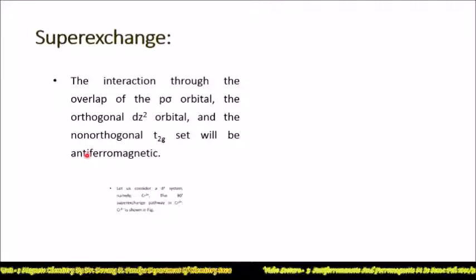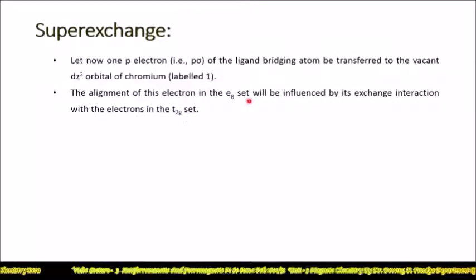Now let one p sigma electron of the ligand bridging atom be transferred to the vacant dz² orbital of chromium labeled 1. The alignment of this electron in the eg set will be influenced by its exchange interaction with the electrons in the t2g set. The result is the parallel alignment of this electron with the t2g electrons, and consequently the other p sigma electron, denoted as p' sigma, will be antiparallel.